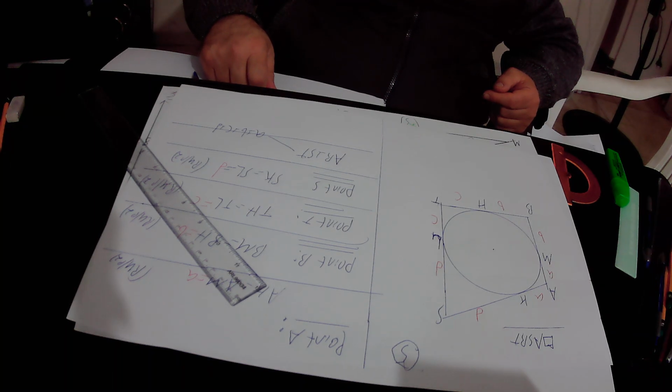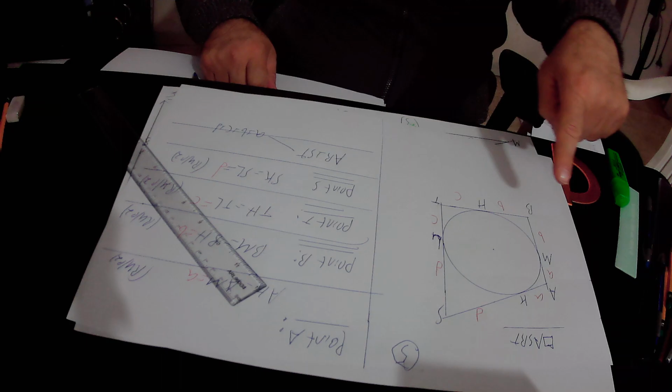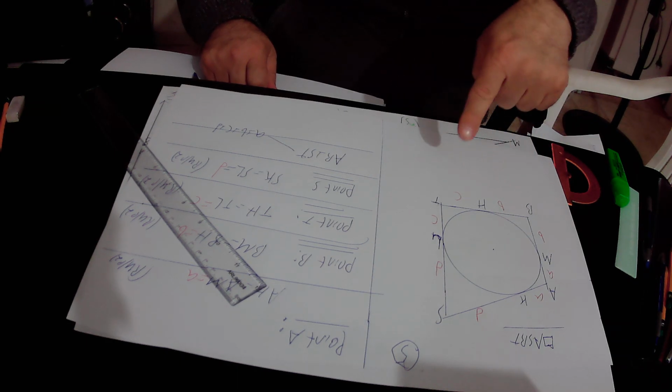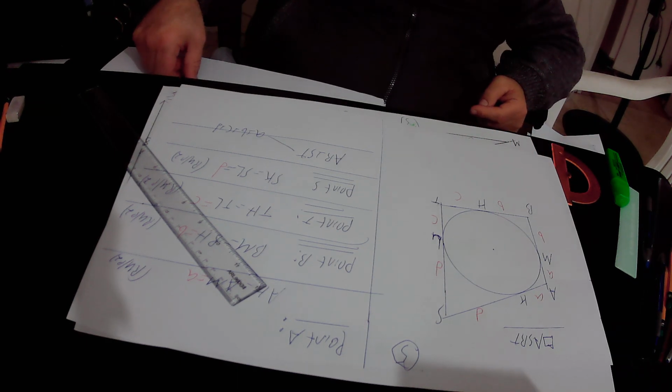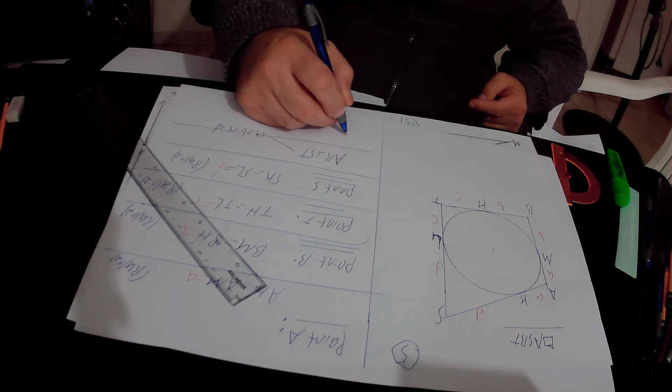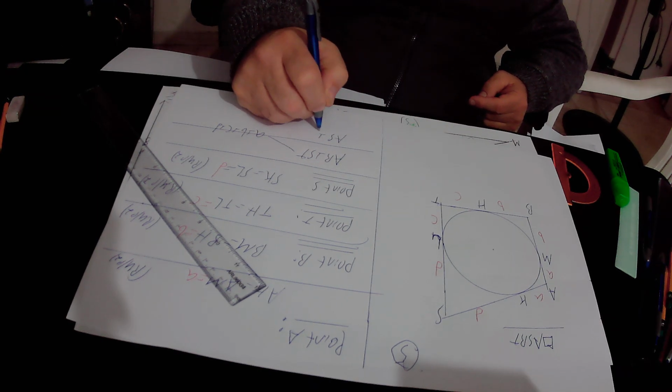In the next step, we'll add side AS to the opposite side, side BT. So what is the value of AS plus BT?